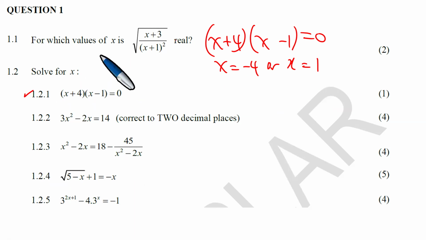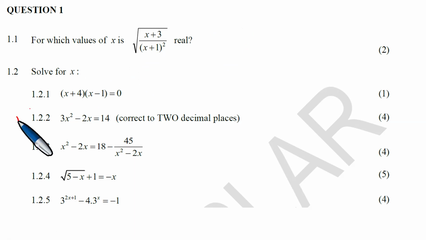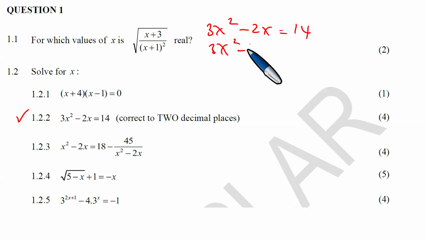So they're going to obviously give you something to get your skills shown on solving equations. Quadratics first. Correct to 2 decimal places, solve this one. So we have 3x squared minus 2x equals 14. So this is 3x squared minus 2x minus 14 equals 0.